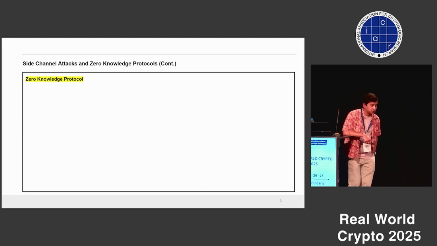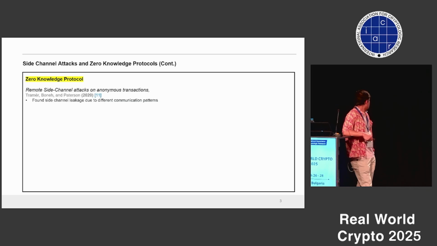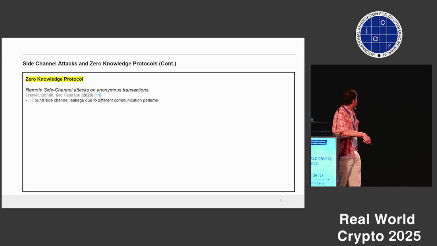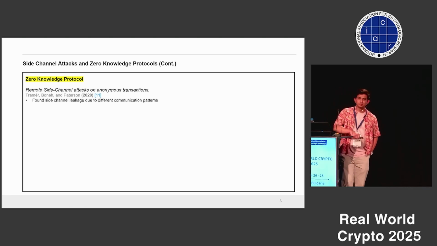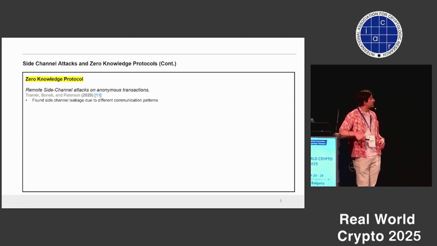To the best of our knowledge, the only work we found was by Tramer, Boneh, and Paterson, on remote side channel attacks on anonymous transactions, where the side channel leakage happens due to the different communication patterns at the protocol level.